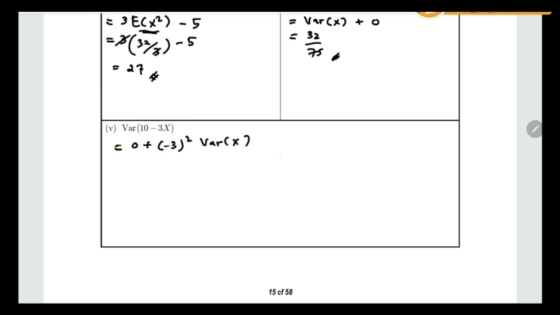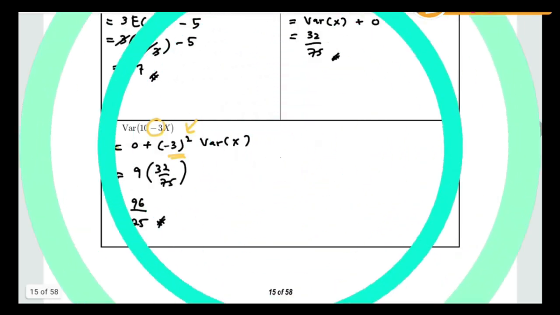Just be careful on this part, especially when involving a negative. It should be negative 3, squared. It is not supposed to be negative 3 square as in minus 9. It is supposed to be plus negative 3 squared multiplied by the variance. So negative 3 squared is equal to 9, multiplied by the variance, which is 32 over 75. So we will get the final answer of 96 over 25. Right, so we have done example 6.